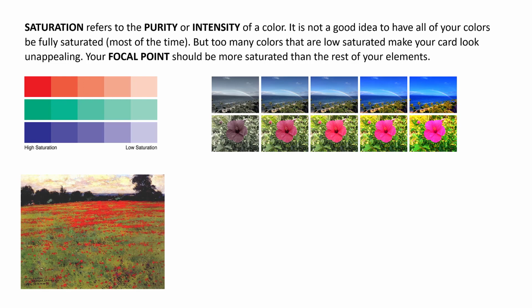When you do something that's totally saturated like that, the person who is looking at it, their eye is drawn to it. So when we're talking about making a focal point of a flower or whatever on our cards, we want to have that part be more saturated than the background colors or than the other colors on the card, because we want somebody's eye to be drawn right to that point.